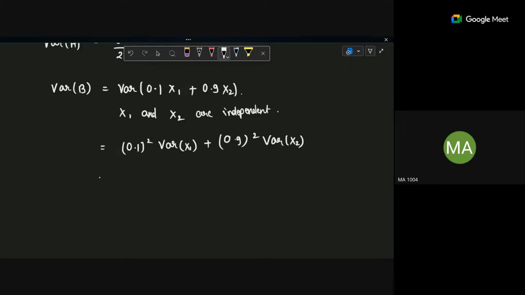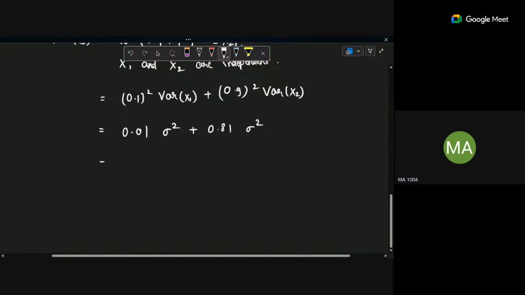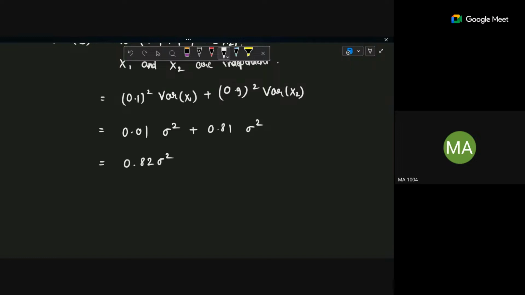Square of 0.1 is nothing but 0.01, and variance of x1 is sigma square, plus 0.9 square is 0.81, variance of x2 sigma square. So this is nothing but 0.82 sigma square, variance of B.